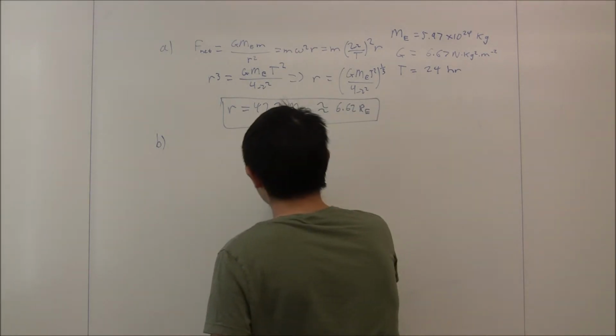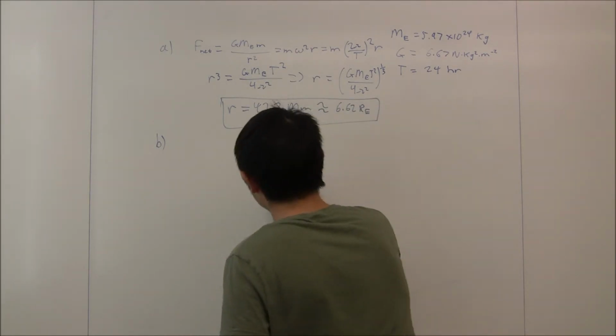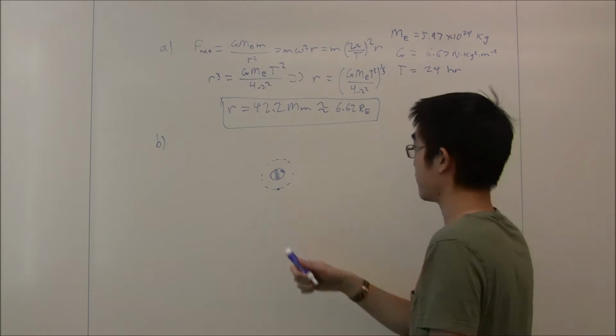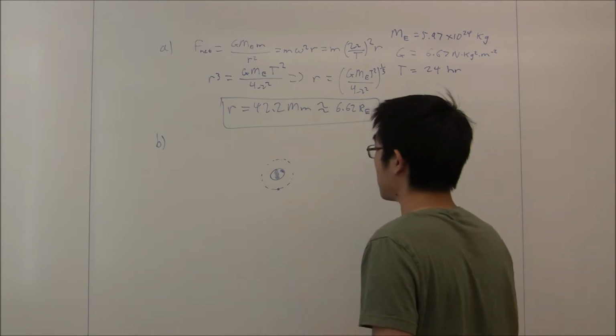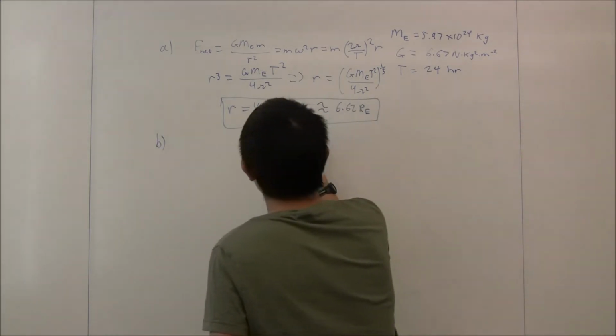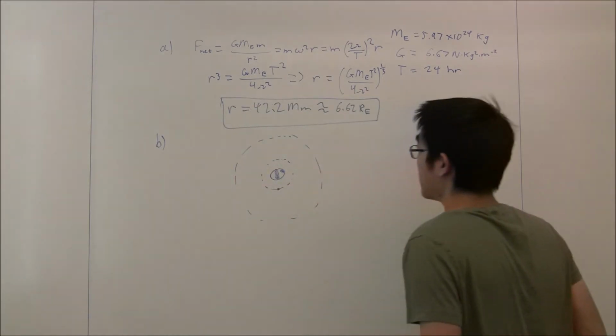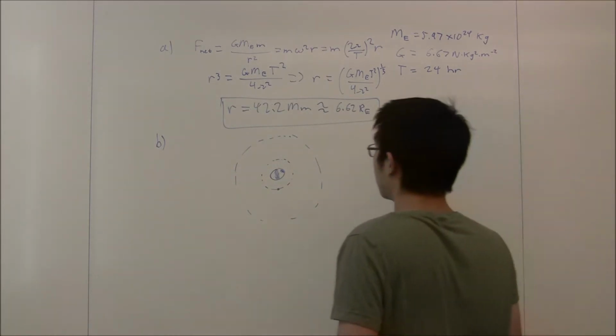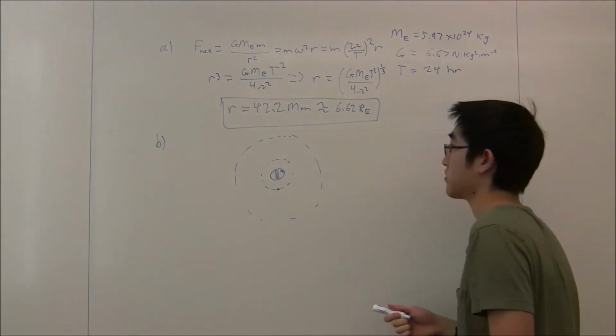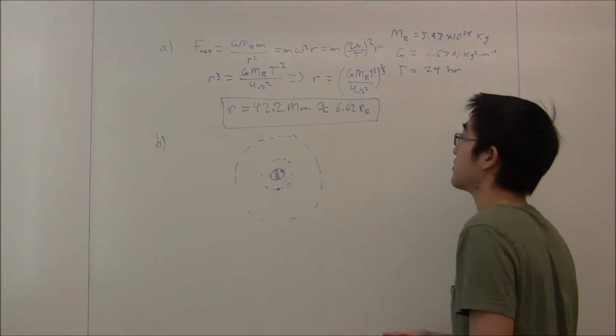And let's say that this dot is going to be the location where the space shuttle first launches the satellite, and this larger circle is going to be the geosynchronous orbit of radius 42.2 megameters.